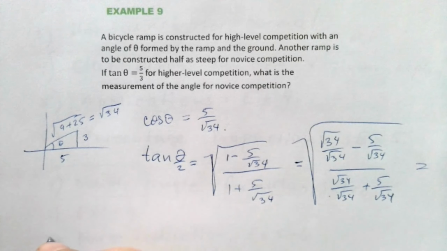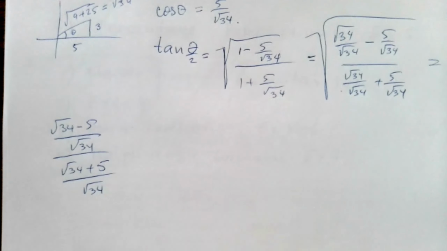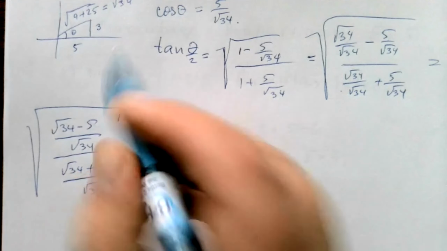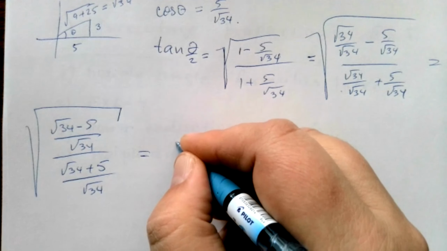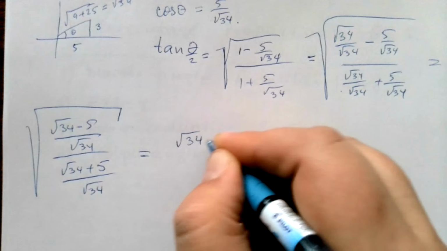Next, I'm going to combine into one fraction, the numerator and the denominator. Sorry, you guys don't see. All right, everything. So I'm going to rewrite this multi-level fraction using the division.